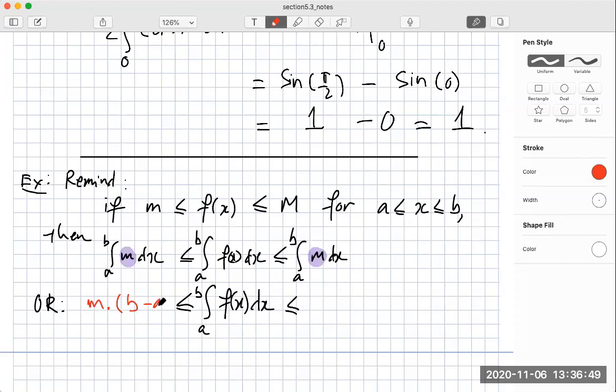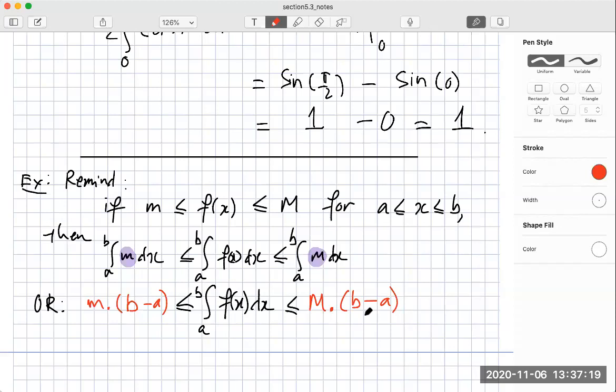B minus A, because B is the upper bound limit. Very good. From properties of integral, right? And the right-hand side, the same story. M is a constant, and the width of the rectangle will be b minus a. Therefore, this integral will be M times (b minus a).